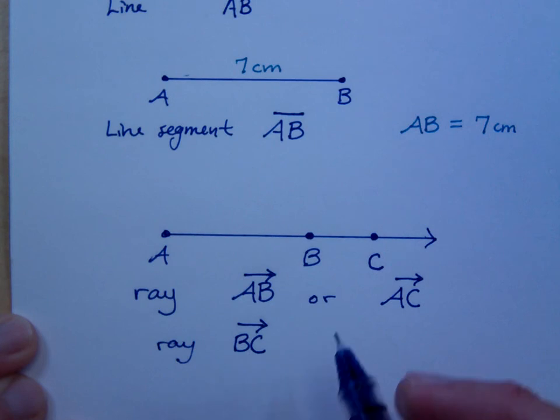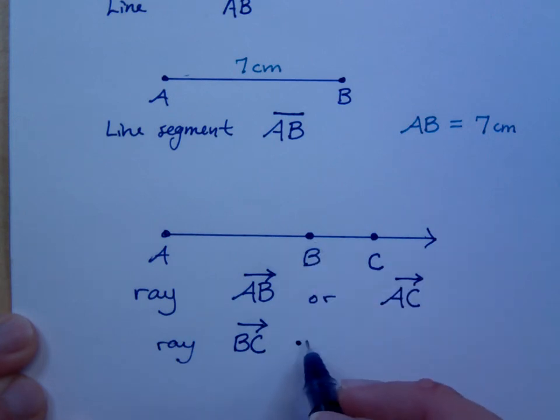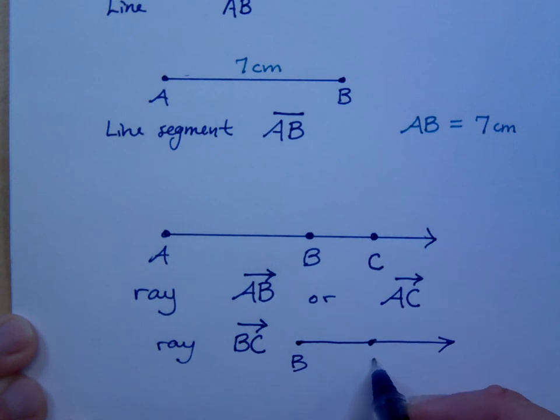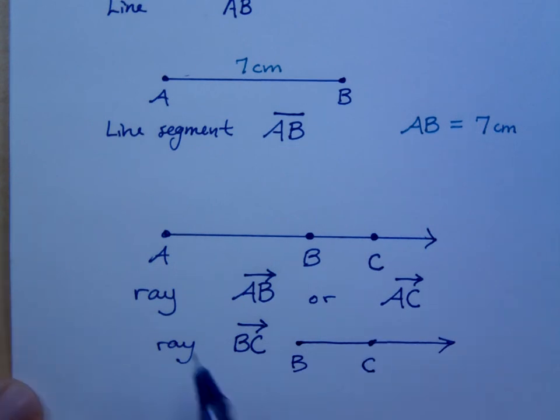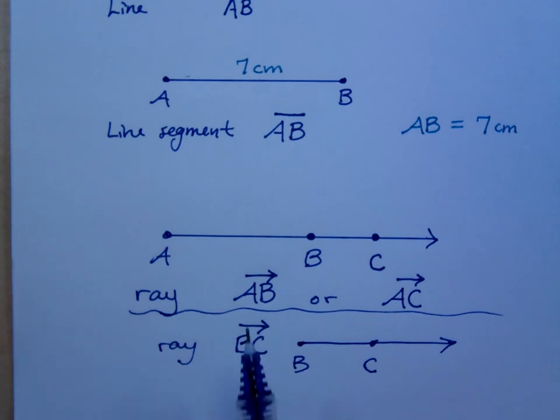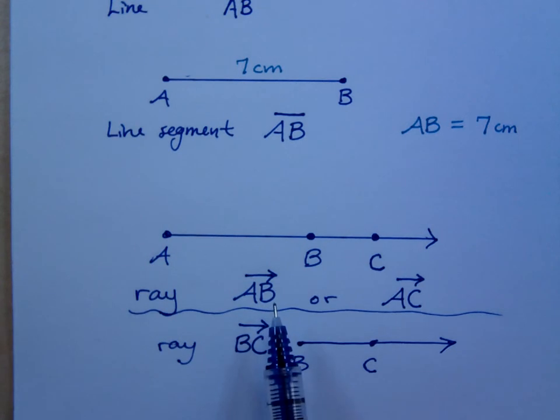So ray BC would be just this piece right here. So when we talk about rays, the first point is the endpoint, and the other point is just somewhere in the direction that the ray is headed.